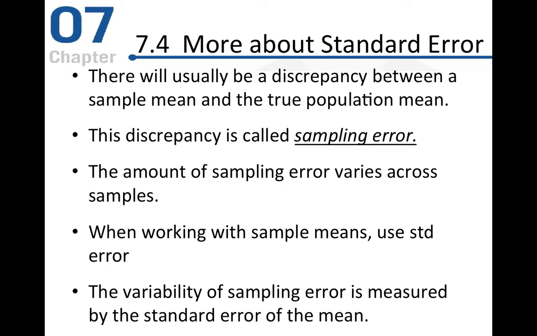And how can we use some type of metric to help us understand the amount of error? And the way we do that is by standard error. Standard error is a way for us to measure and mathematically compute sampling error. It's an average, though. It's not particular to just one sample. So at the end of the day, the variability of sampling error is measured by standard error.